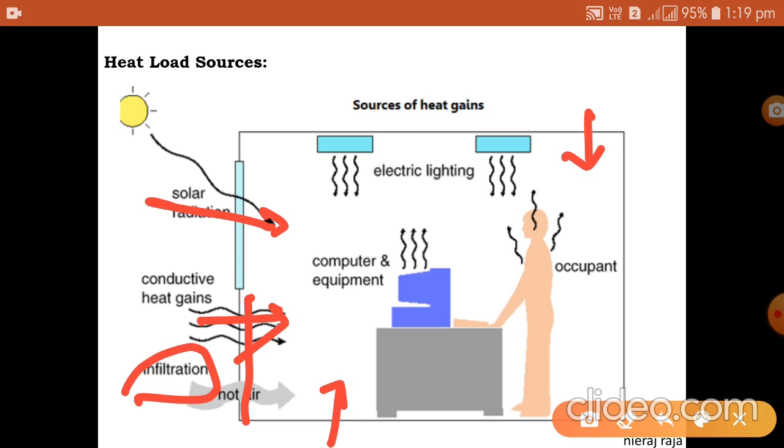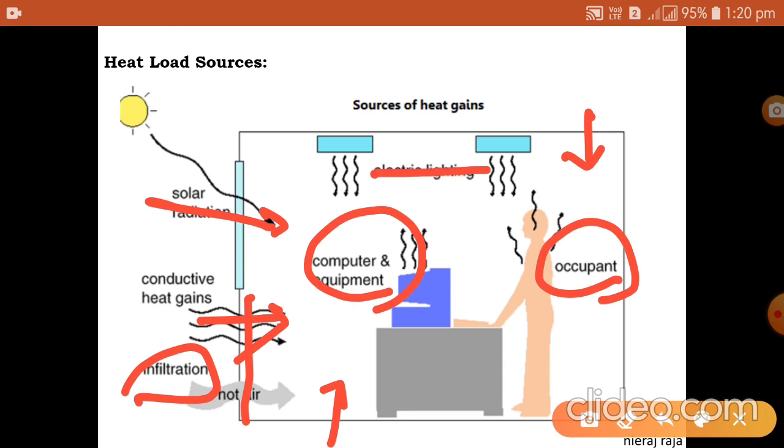And next is about your internal sources. The first one is the occupant, that is, how much heat that particular occupancy is going to liberate. I have just shown a computer or some equipment, but there are a number of appliances at your houses, in certain spaces, which are continuously releasing some heat, so the temperature increases above your room temperature.